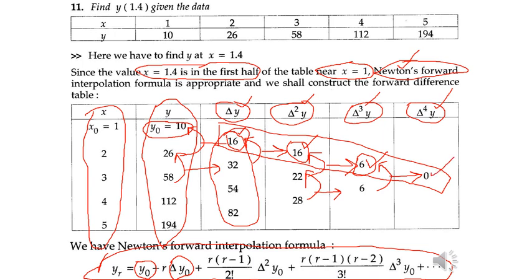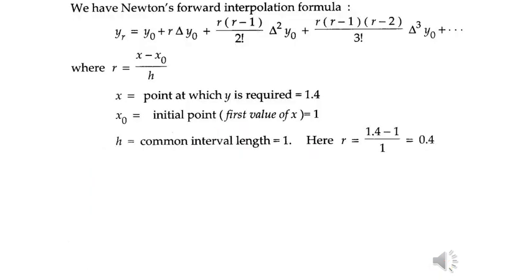So we use all these delta values in the formula here, and we find the value of r in the next slides. So these are the requirements in the formula.